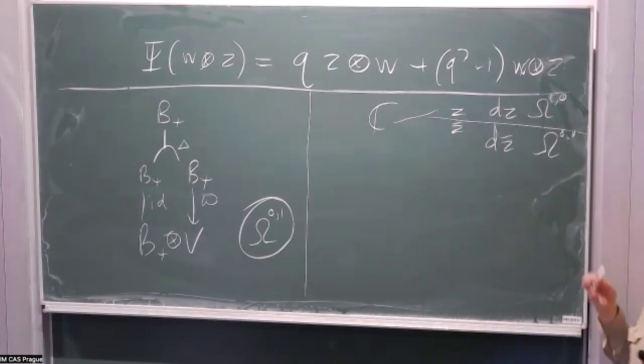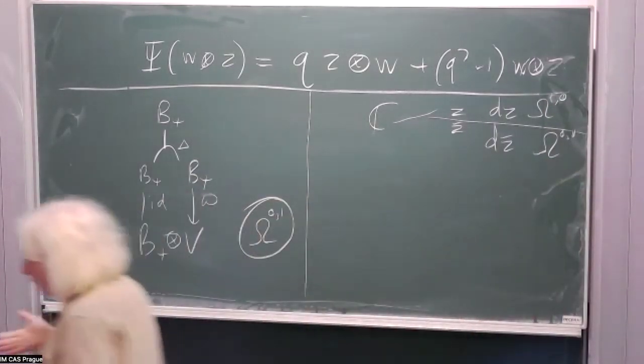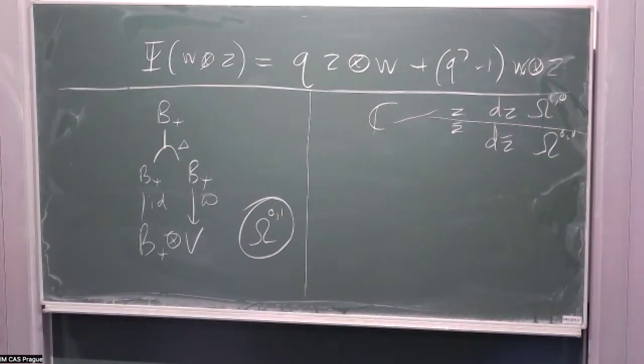So in general, on a complex manifold, if you have complex coordinates, you can split any complex n-form just by counting how many DZs there are and how many DZ bars there are.